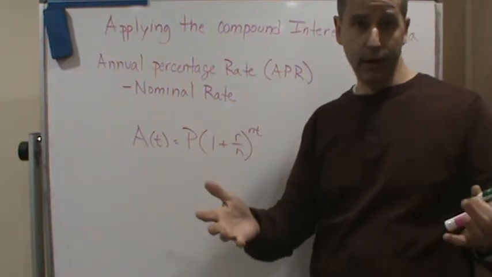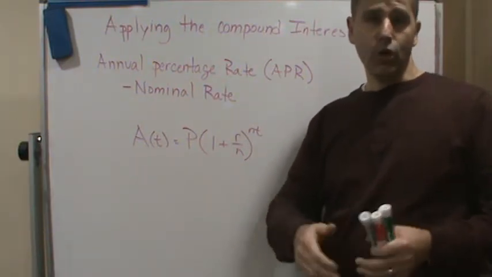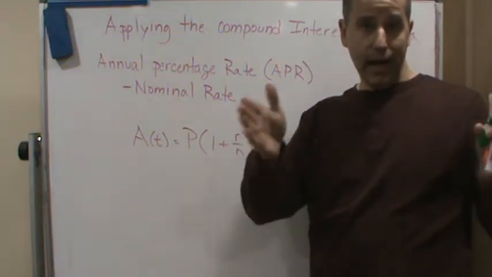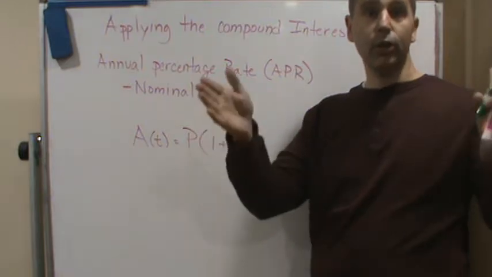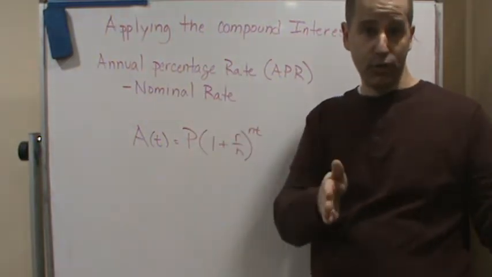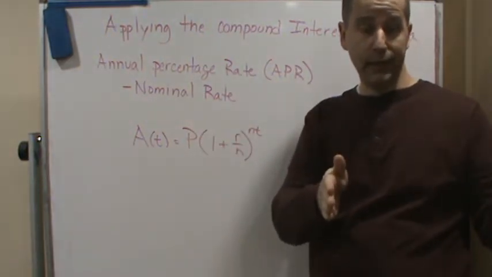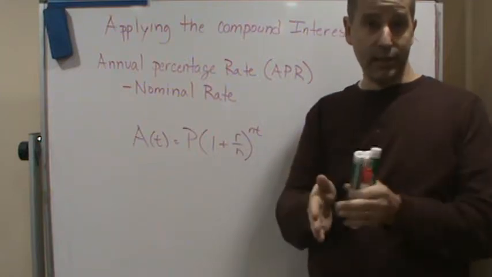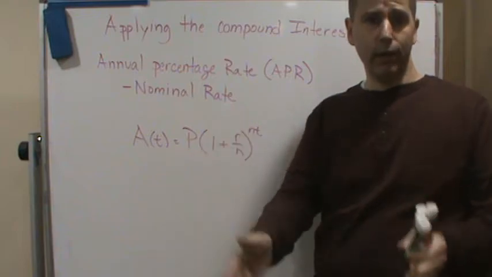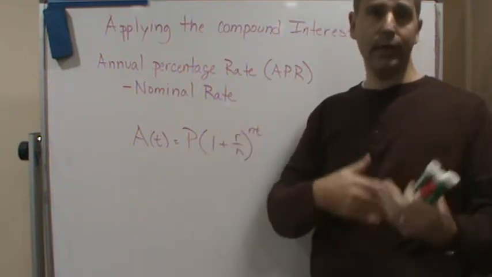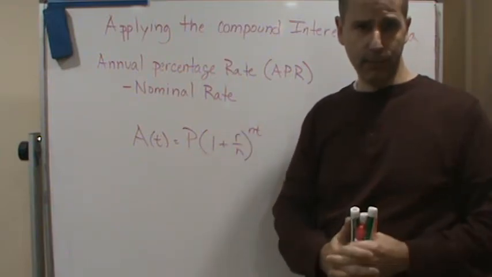Let's say you have $1,000. You'll earn interest the first year on your initial deposit. But then the next year, you're going to earn interest not only on your initial deposit, but on the amount of interest that was added to it after the first year. Okay? So every year it compounds. And that's where the idea of compound interest comes from.